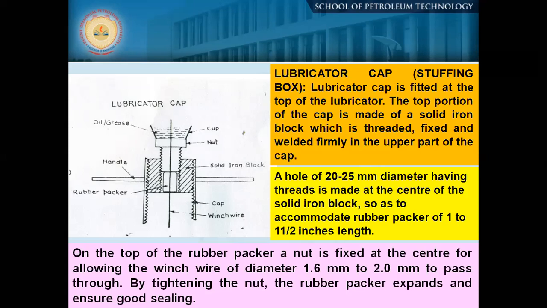You just tighten the nut so that the rubber packer will be squeezed and it will hold the wire in a very tight form. So this is actually the main supporting part for your whole pressure. What is the function of the nut? When you are tightening a nut, below that you have a rubber packer, and that rubber packer squeezes and holds the wire in a very tight form.